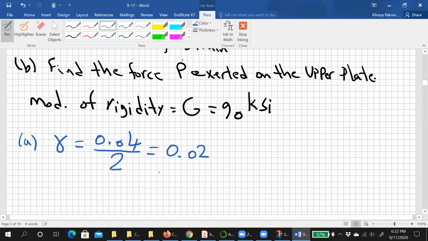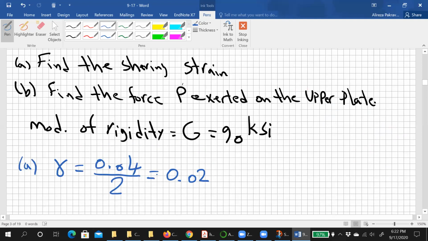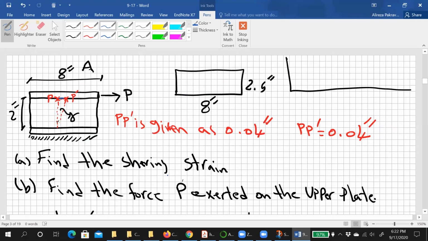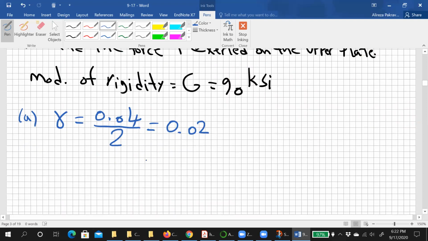How about part B? How can we find the force P? What do you think? G times gamma. Tau, okay, yeah, you are close. For part B, tau is G times gamma. So we have gamma, we have G, we can find tau. And tau is just force divided by area, right?